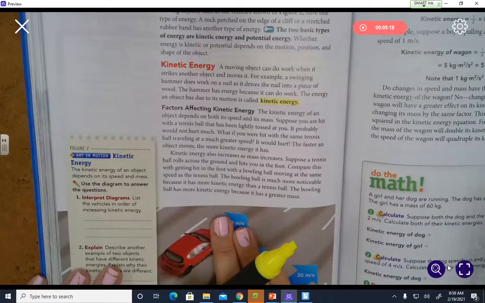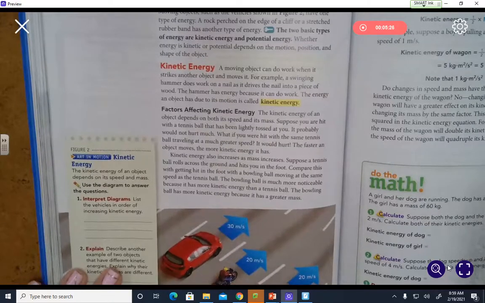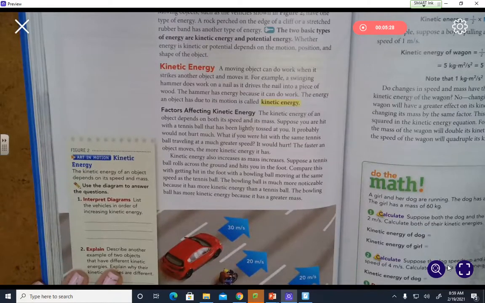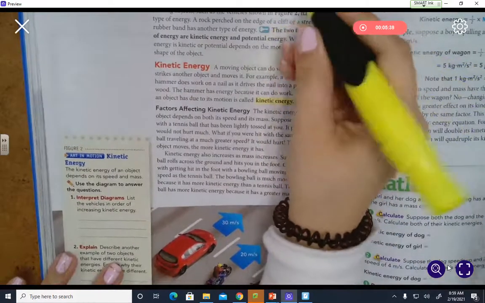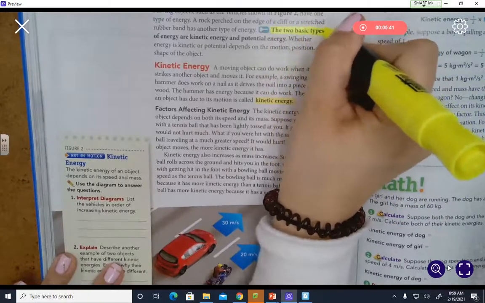A rock perched on the edge of a cliff or a stretched rubber band have another type of energy. The two basic types of energy are kinetic energy and potential energy. Whether energy is kinetic or potential depends on the motion, position, and shape of the object. I want you to highlight the bold-faced definition.